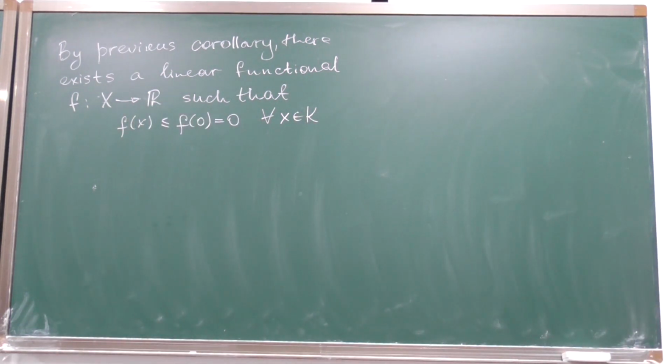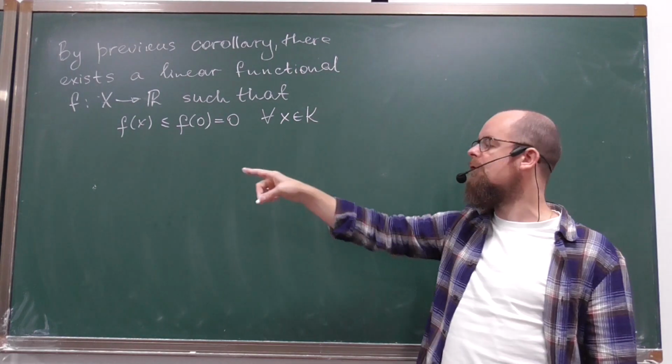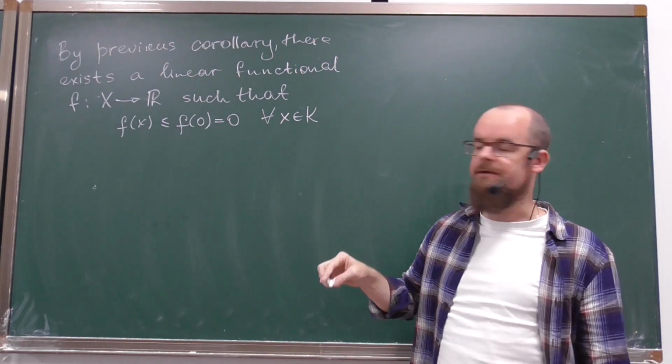By definition of K, any x from K is of the form a minus b.